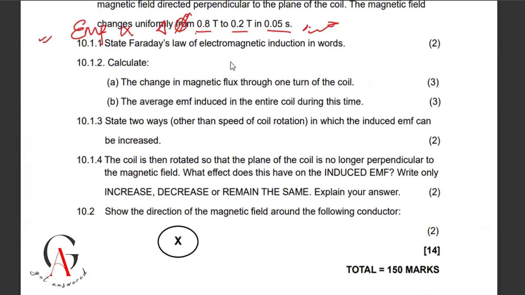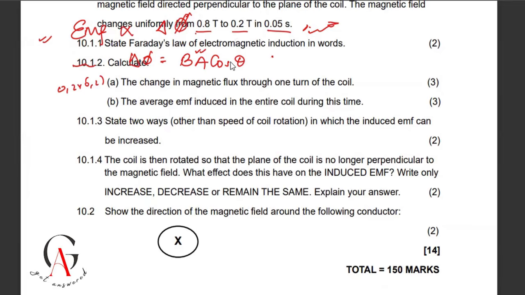Then 10.1.2, determine the change. Okay, so the change in the flux is going to be B multiplied by A cos theta. B is basically the field, or the change in the field, and A is the area. Since it's a square, we're just going to multiply 0,2 by 0,2. And then the cos, we're going to use 0.